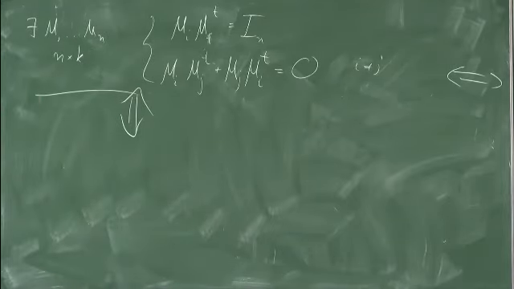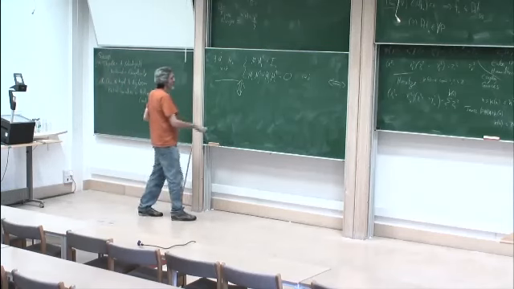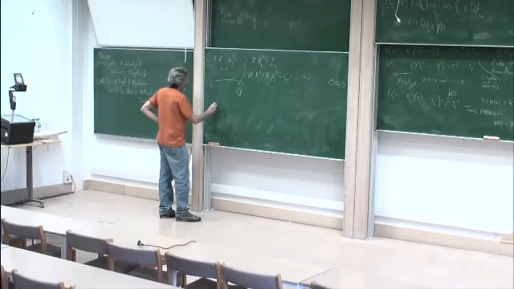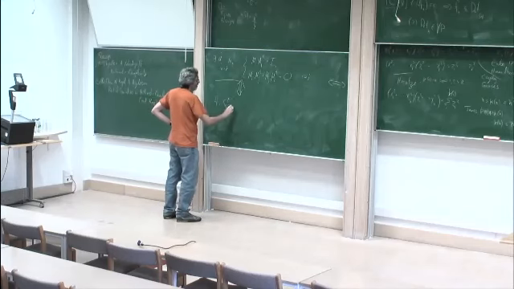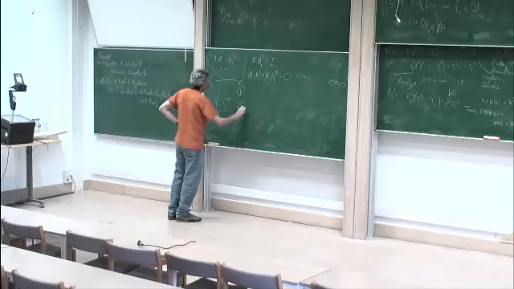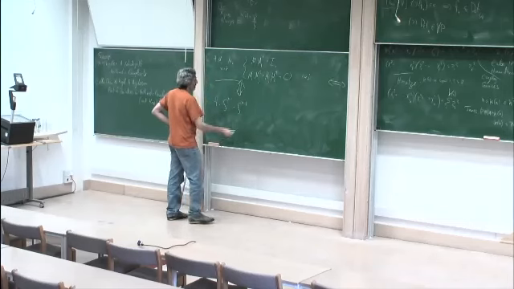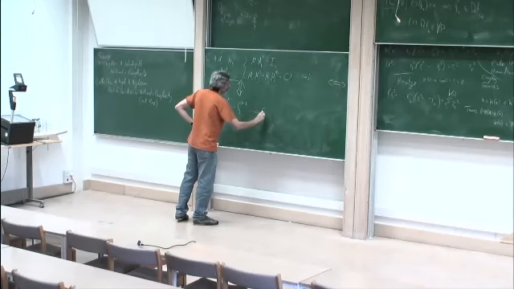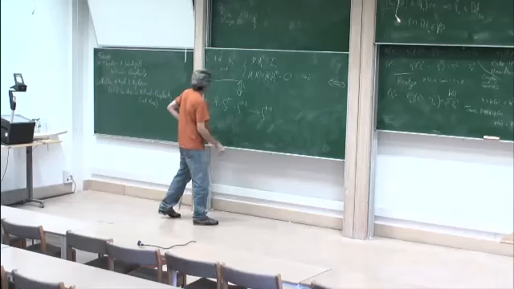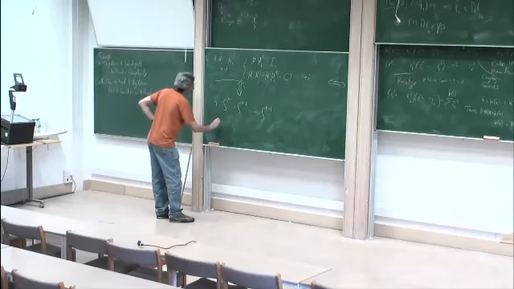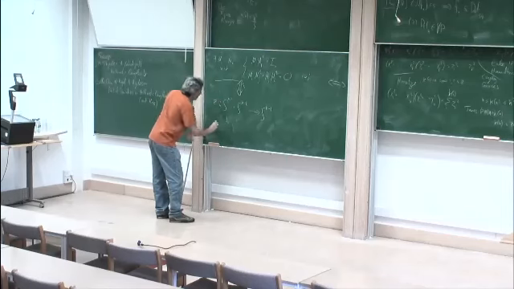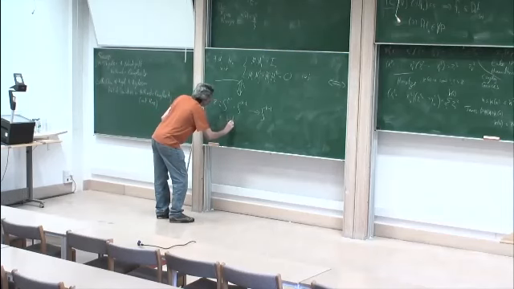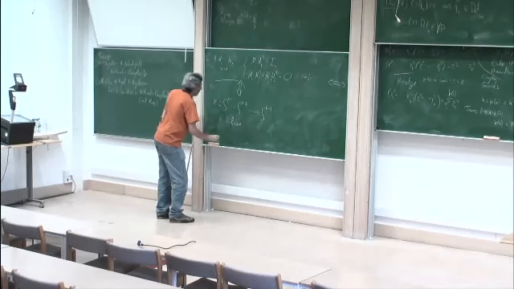And this is equivalent to a problem that's completely geometric or topological, that there is a norm-preserving map from the n spheres to the k spheres. Maybe I should call it z, because there's the function z, which is bilinear and norm-preserving.